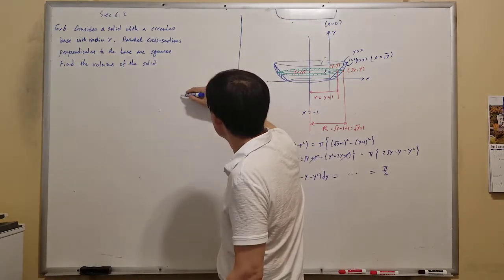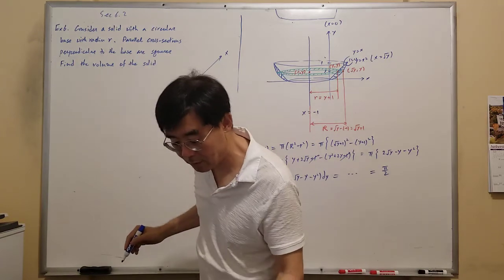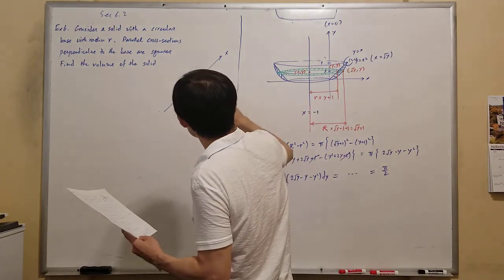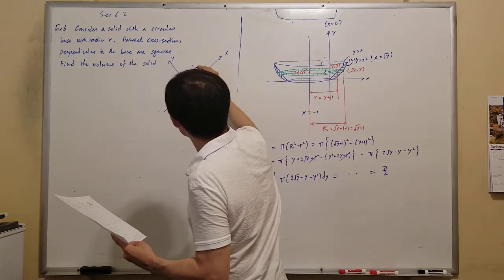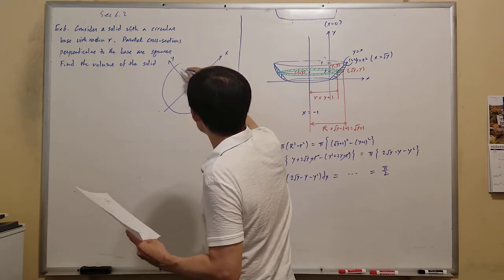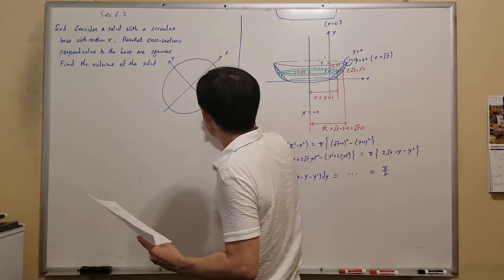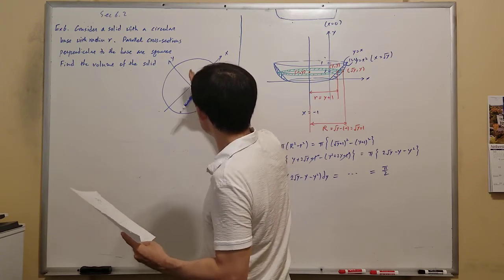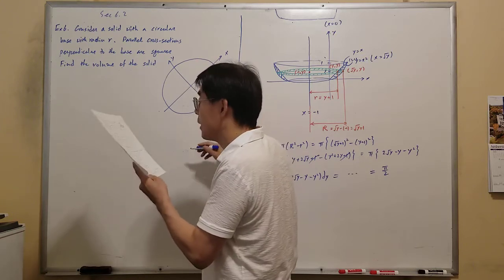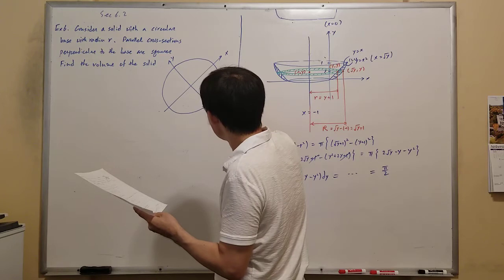So I'm going to draw an x-axis like this and a y-axis like that. You have a circular region. Your base is a circle. It looks like an ellipse, but I just drew this y a little bit closer. It's a projected view from some angle.